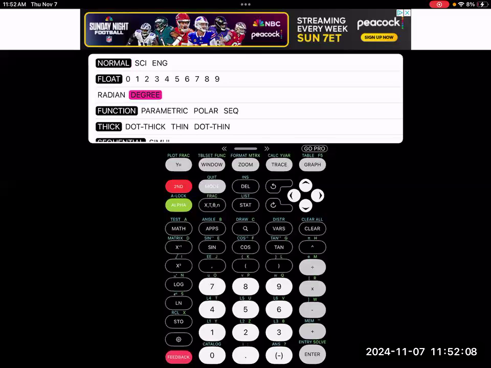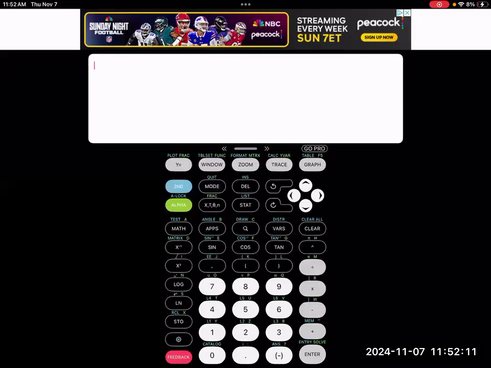Let's hit second mode to quit out of that screen. To get your inverse trig functions, they'll all be in blue. So we're going to do inverse cosine: second cosine, and we're going to do 4/9. So we get 63.6 degrees. This is set in degrees.